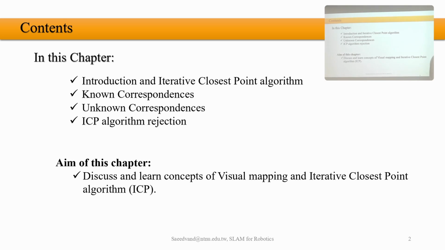What does it mean? It means that if you have a map like this, and something like this in 2D, how can you match that one with this one?